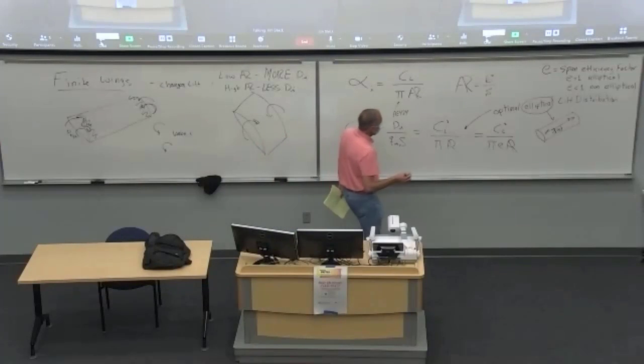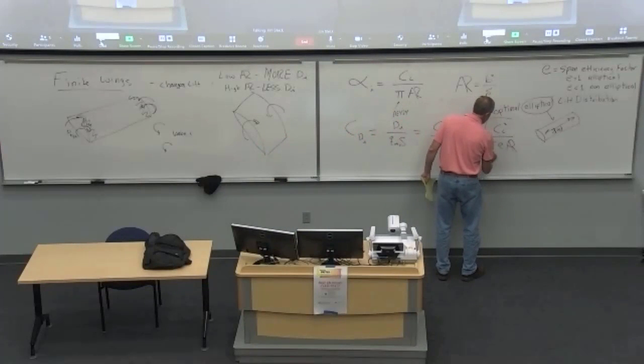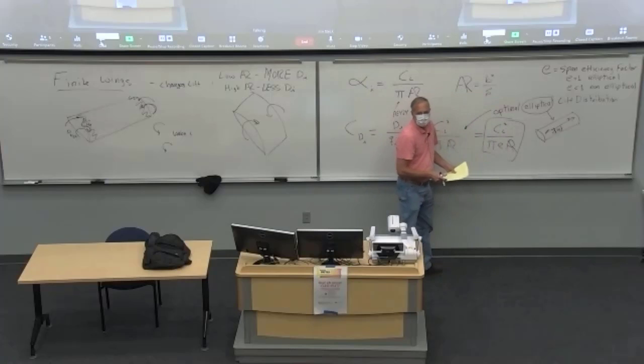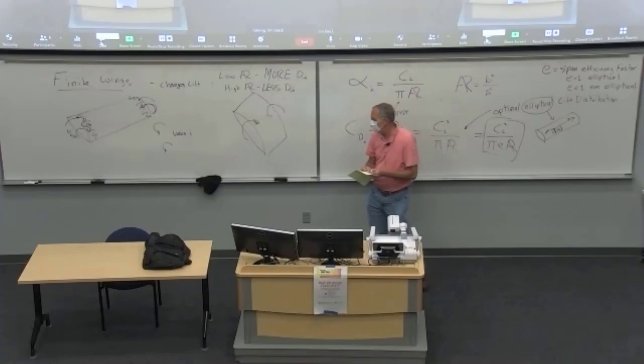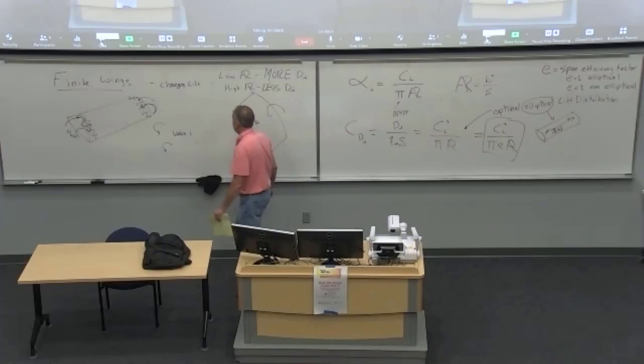So this is the formula you use, and then you're given E for whatever wing you have. So here's how we calculate the total drag for a wing.